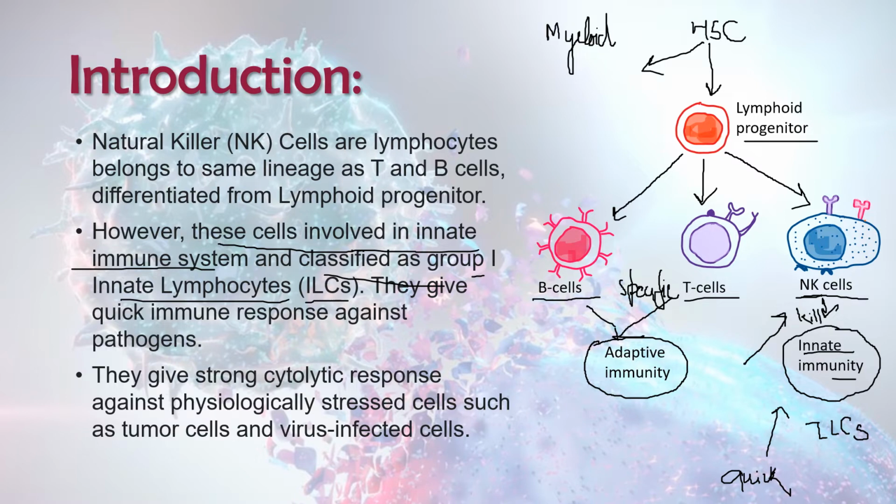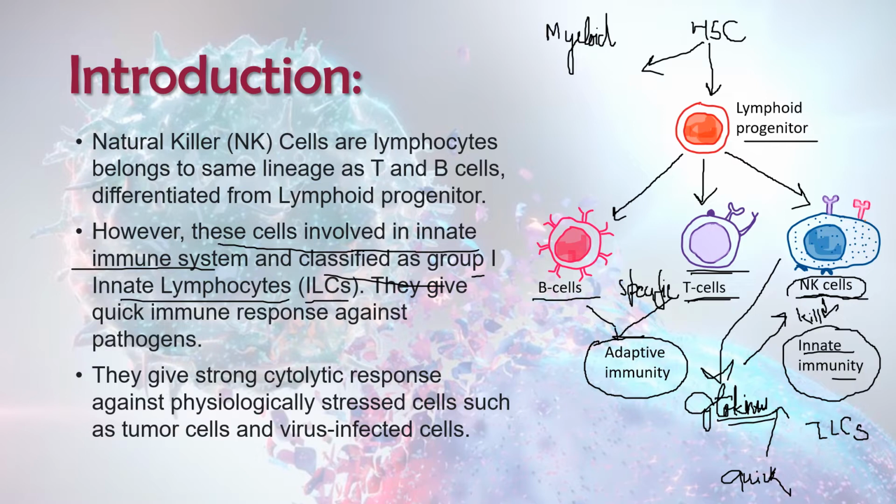NK cells secrete cytokines, which are quite similar to the cytokines secreted by T cells. They are a production house of cytokines, and these cytokines are quite similar in nature to those secreted by the T cells. They are also involved in cytolysis.